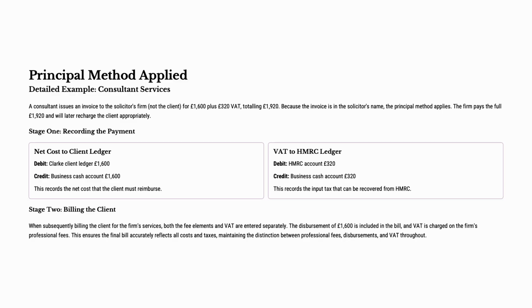We debit HMRC for 320 because the solicitor will reclaim that VAT, and the business cash account is credited for the full 1,920. When the solicitor later bills Mrs. Clark, both the solicitor's fee and disbursement are shown along with VAT on both. This ensures the VAT trail is clean and correct.